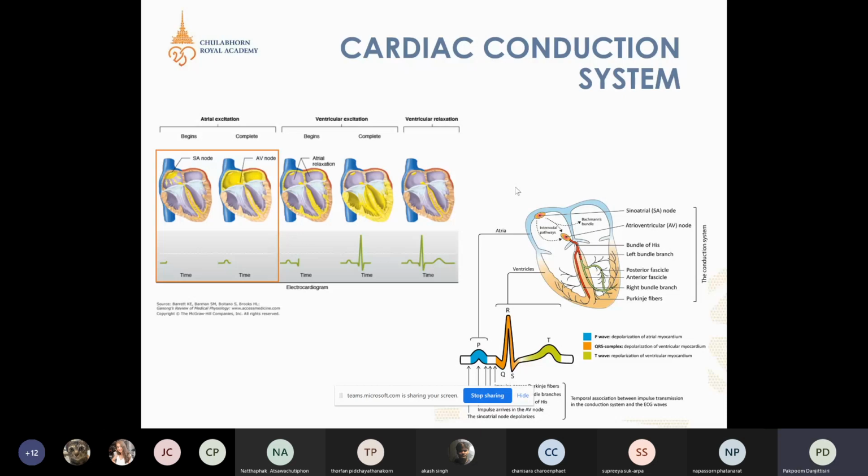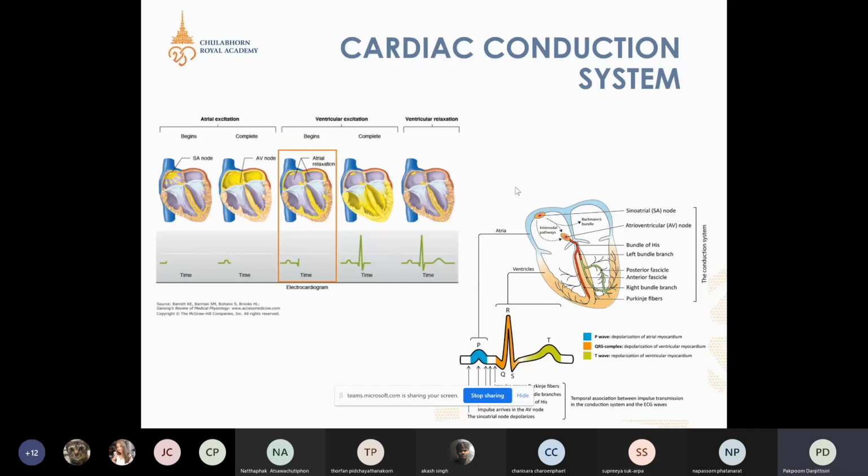After the electrical impulse goes to the AV node and stays there for a while, or is delayed for a while, we can see this activity at the time of the PR segment.